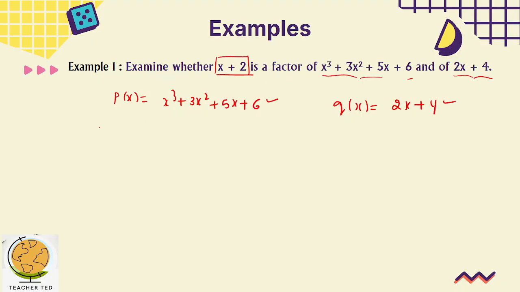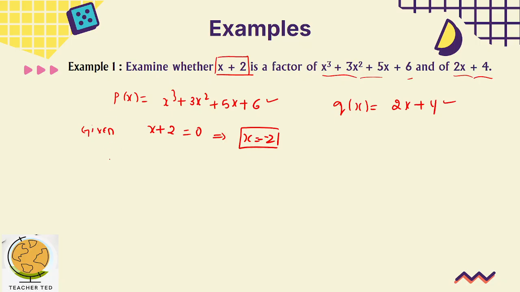So given x plus 2, we know already that for it to become a factor, it should be equal to 0. It becomes x is equal to minus 2. So substitute the value x equal to minus 2 in both the polynomials. If it comes 0, then we can say that the given x plus 2 is a factor of the first polynomial and the second polynomial.